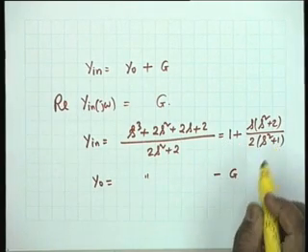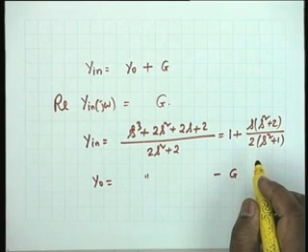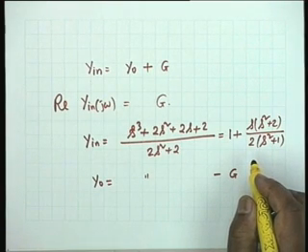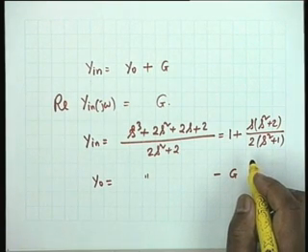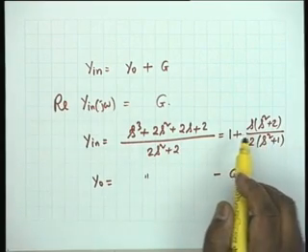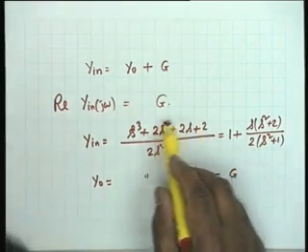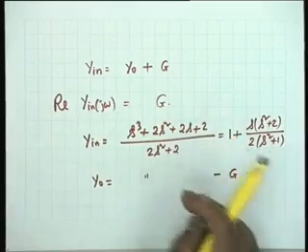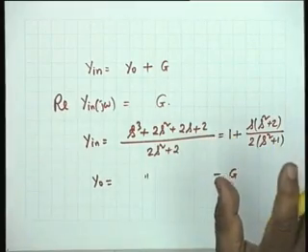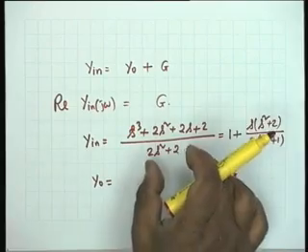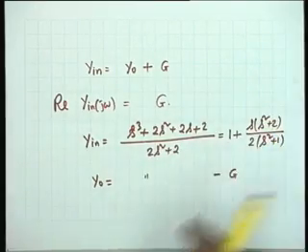When we do it straight from there, the real part of y of j omega should be equal to G. We calculate from there. Yes, we can find out the real part, but common sense helps, because we do observe that this can be written as 1 plus this.